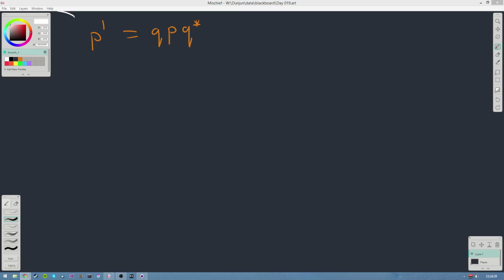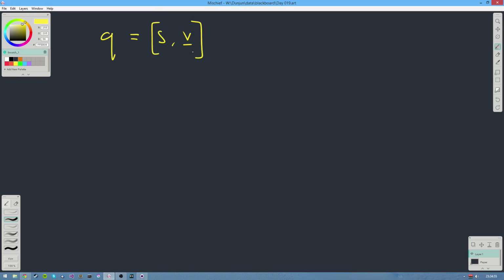So that's pretty much all we need to know about quaternions for now. And just to leave you here, any little notes, nice things to know. A quaternion can be represented as a scalar and a vector, which can in turn be represented as a scalar value plus the vector xi plus yj plus zk.